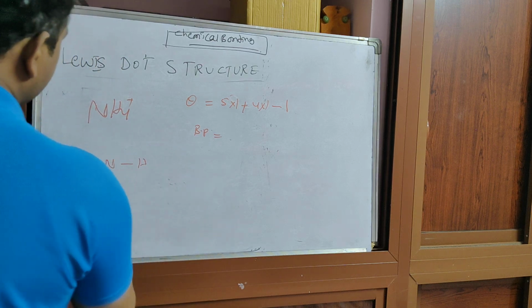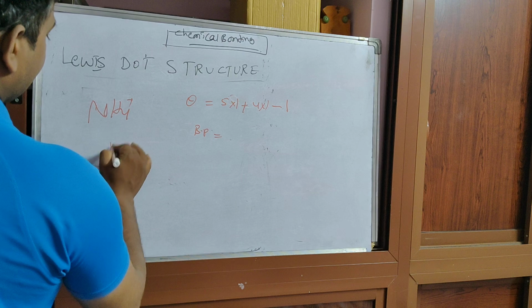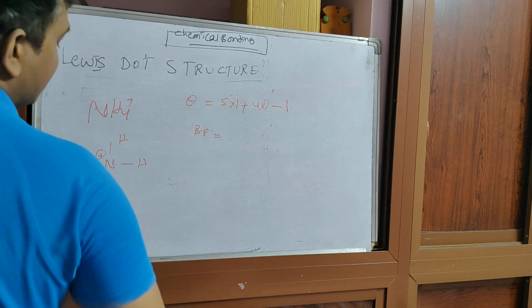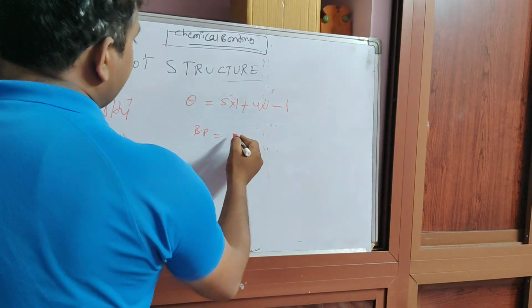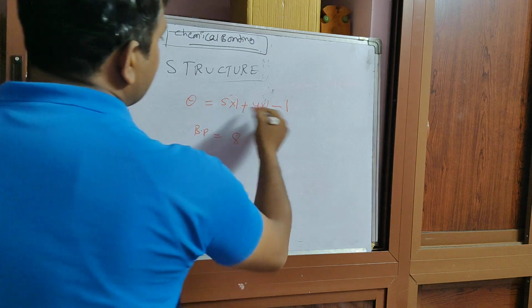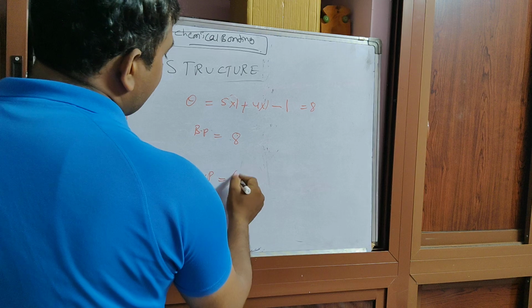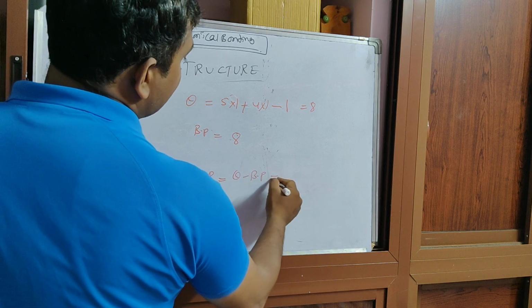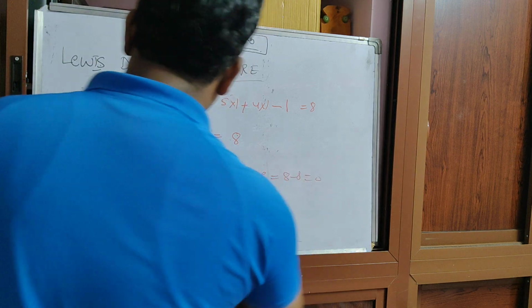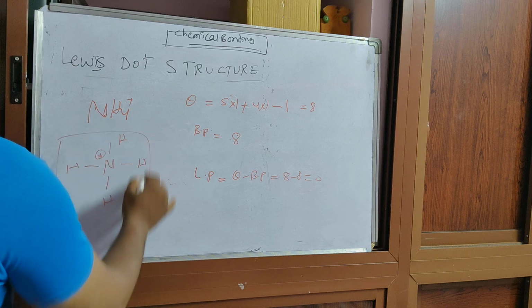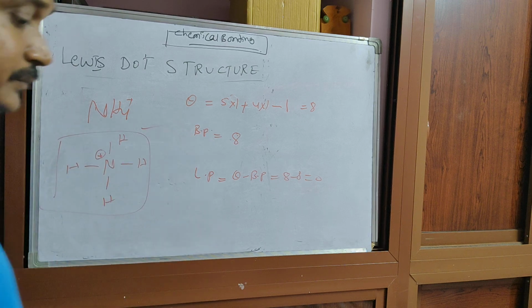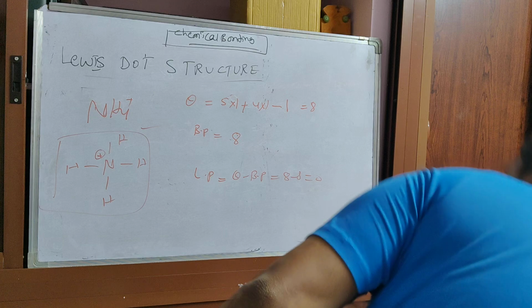Nitrogen has plus 1 positive charge on the central atom. For 4 bonds there are 8 bond pair electrons. Lone pair electrons is equal to Q minus bond pair electrons, 8 minus 8 is equal to 0. No lone pairs. Yes, this is the exact structure of the molecule.